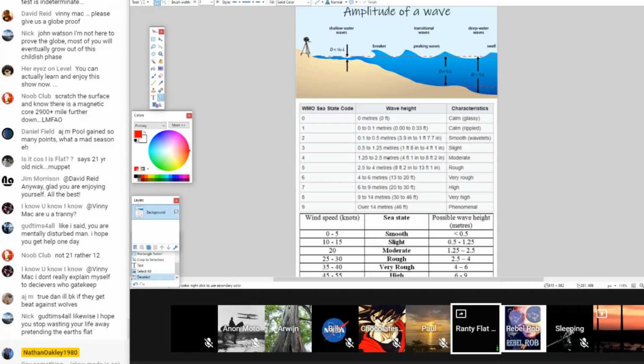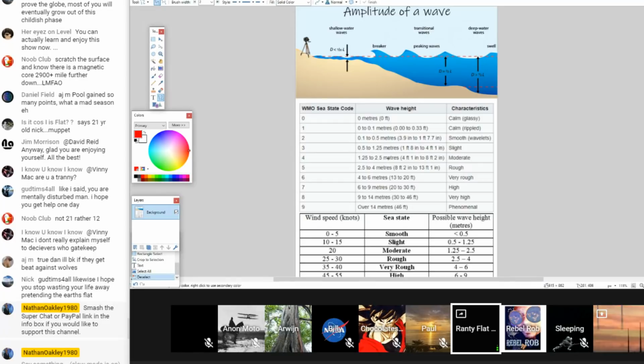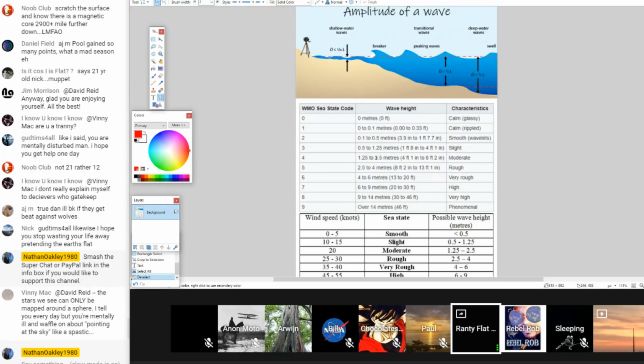So even if it says it's 2.5 meters, 1 in 8 of the waves will be higher than that. And that's just one wave, and obviously you've got hundreds of waves over the ocean. So essentially, even though they quote 2.5 meters as the significant wave height, you can normally expect the whole ocean to be significantly higher than that, because you'll be looking across not just 8 waves, you'll be looking across thousands of waves.